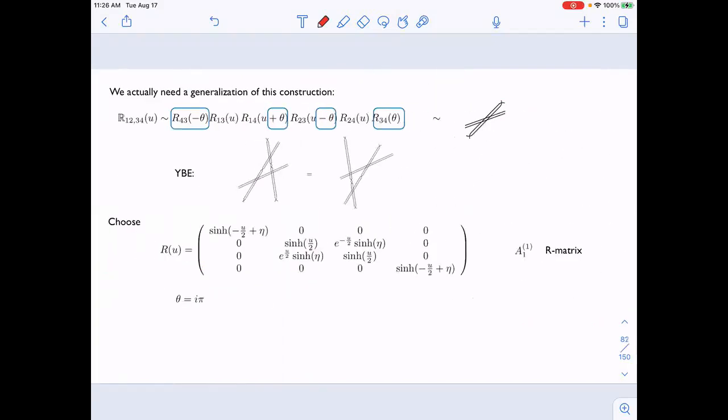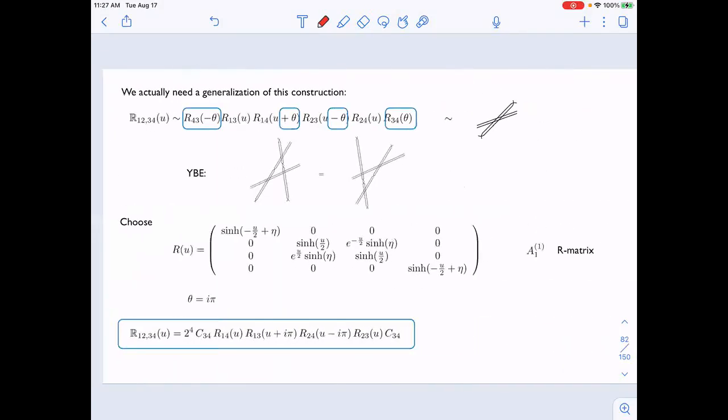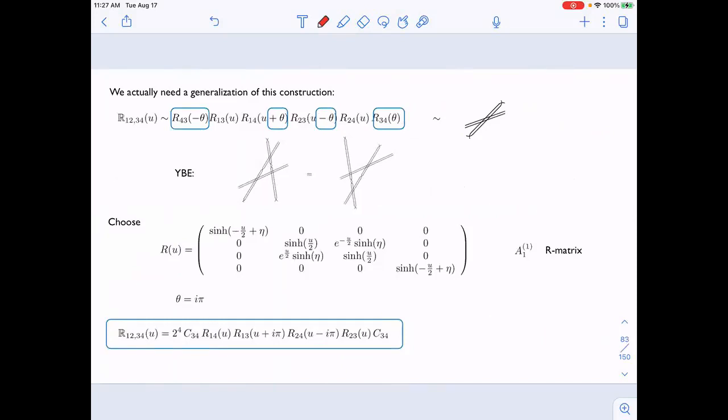And again, this theta was arbitrary, but I'm going to fix it now to be i pi. And then we can take care of this R34 by introducing a matrix C, which is R at i pi, with some permutation and some extra factor.